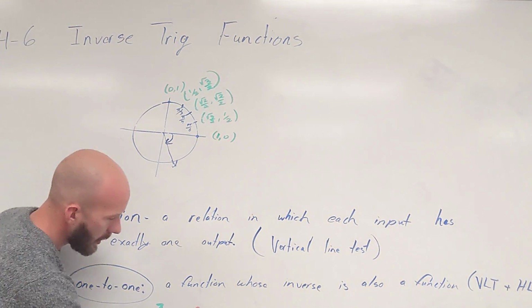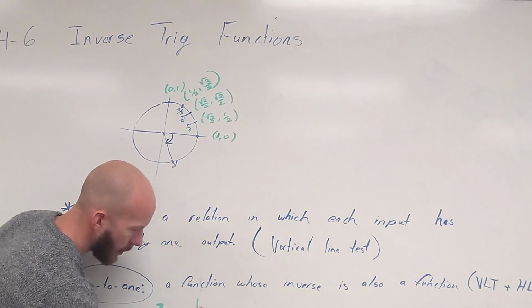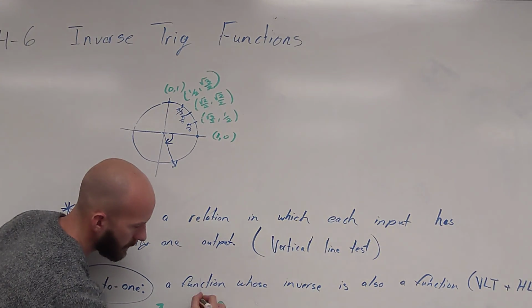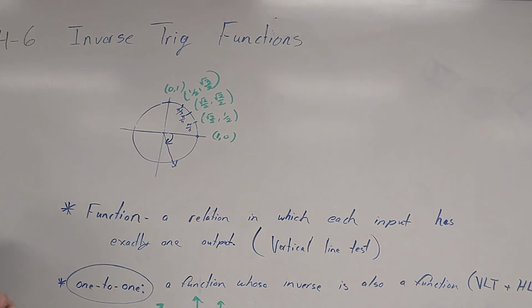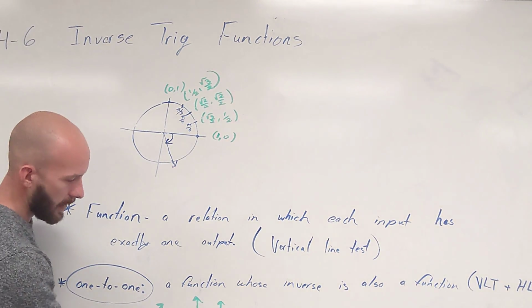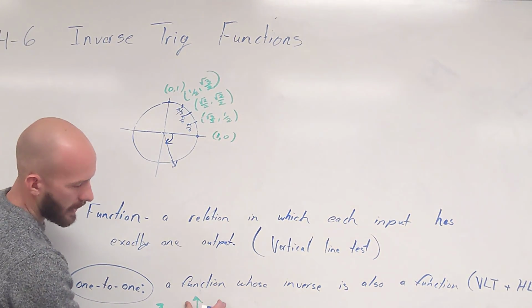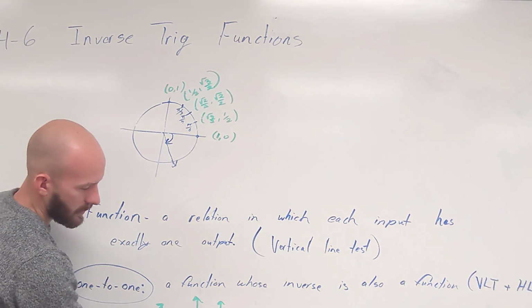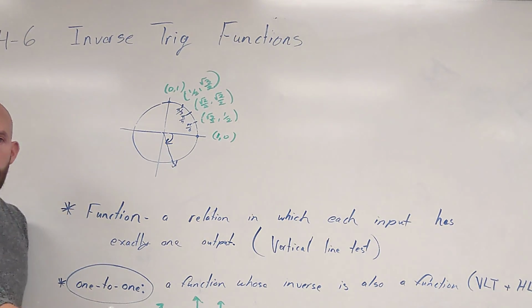If I look at, say, a quadratic, though, it is a function, right? You're familiar with hearing about quadratic functions over and over again, and we can see it would always pass the vertical line test.